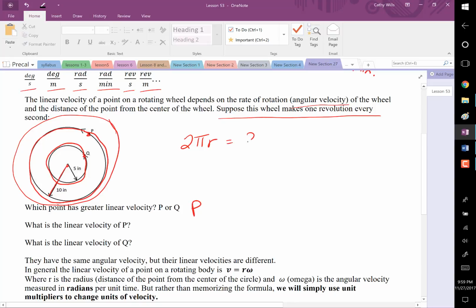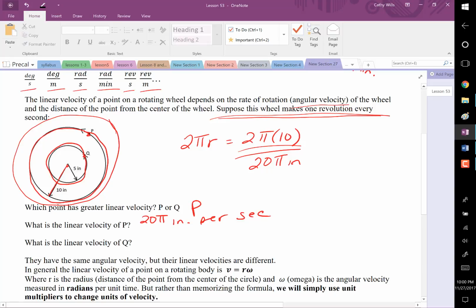So 2 pi times 10 inches every second because it goes all the way around the circle every second. So it goes one circumference, so 20 pi inches per second. So the velocity of P is 20 pi inches per second, because this wheel goes around once every second.